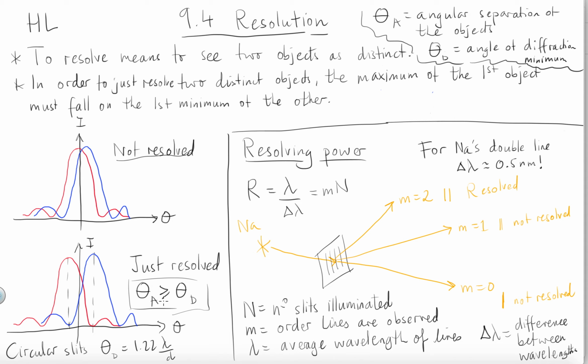So we say that the angular separation of the objects, theta A, has to be greater than or equal to the angle of the diffraction minimum of the second. And the diffraction angle for rectangular slits is the same one we used previously.